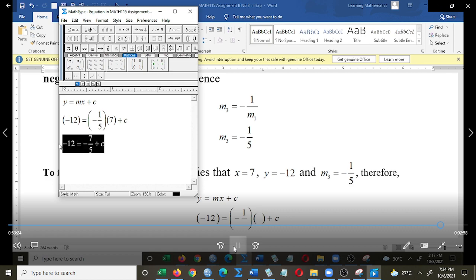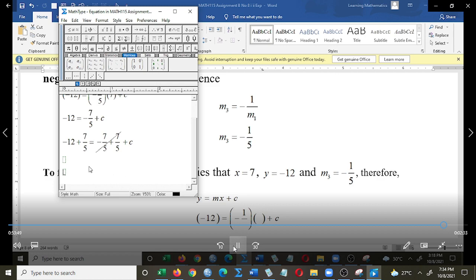We have to cancel out negative 7 over 5 by adding 7 over 5 on both sides. Negative 7 over 5 cancels out 7 over 5.